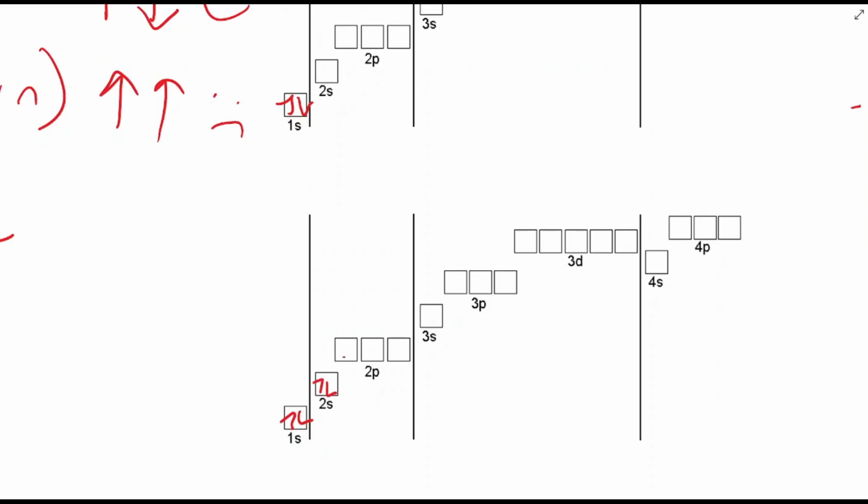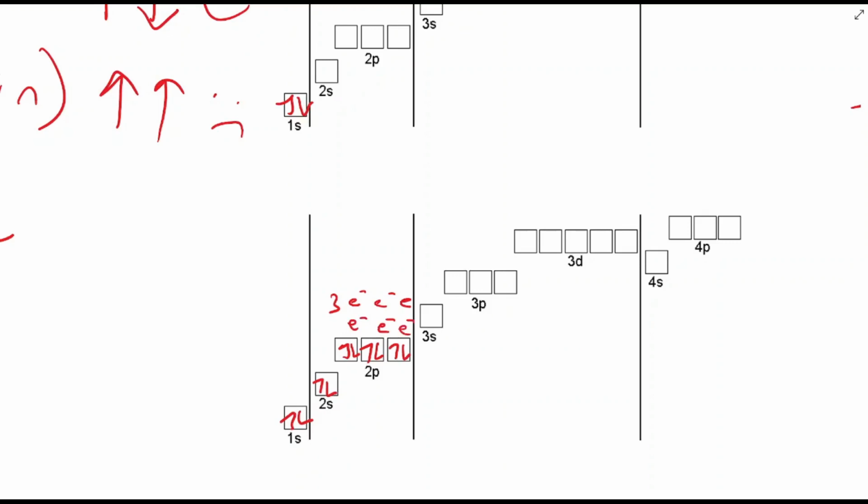But when I go here, if I put an electron here, I don't fill that box first, I make sure I fill these 3, and then I come back and I fill those ones. So I have 3 separate electrons first, like this, and then when I put my 4th electron in, I'm pairing them up. Okay, so that's really crucial.